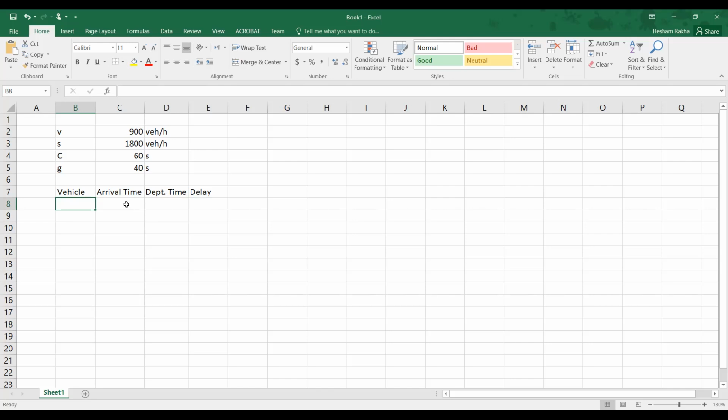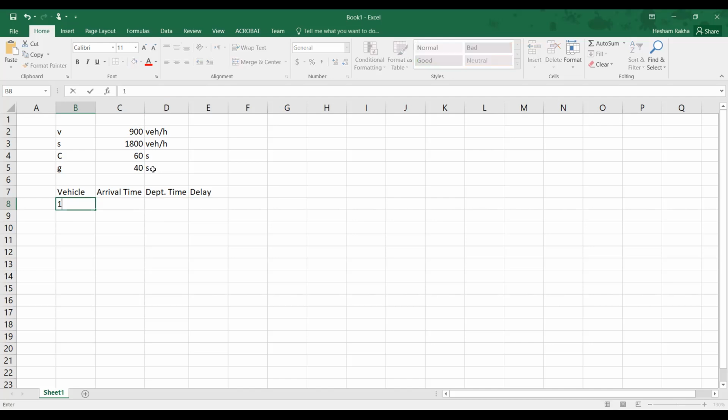So basically we convert the 900 vehicles per hour by dividing by 3,600, which gives a quarter of a vehicle every second. So every 4 seconds you're going to have one vehicle. And if you divide the 60 by the 4, that gives you 15 vehicles arriving during one cycle.